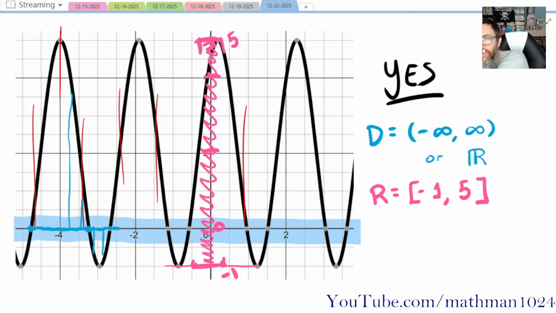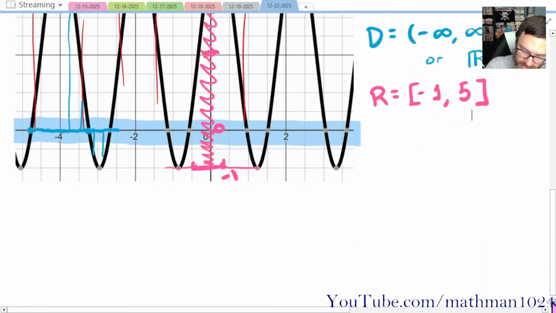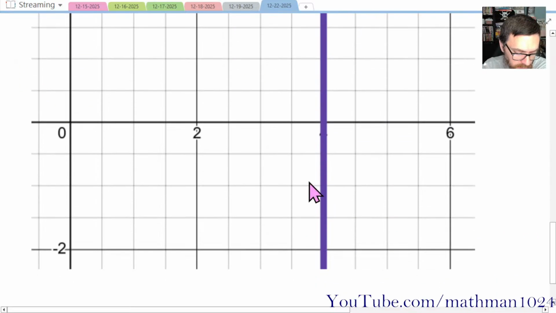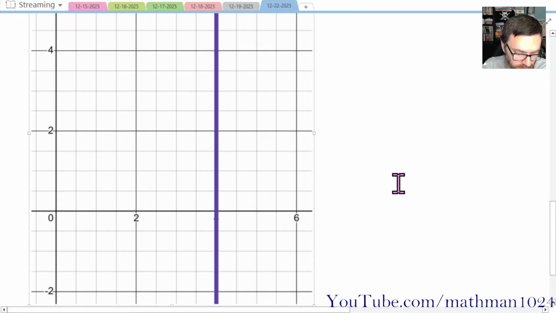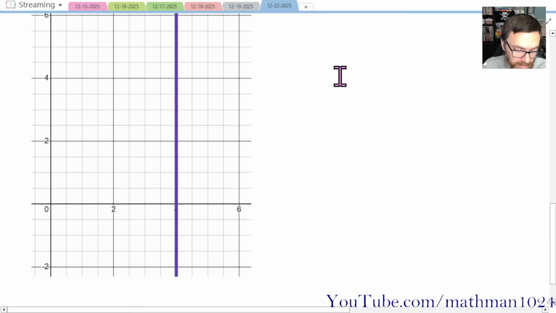Oh, that's better. Okay, and now let me do this. All right. Do a little bit of resizing here so it fits better. All right.